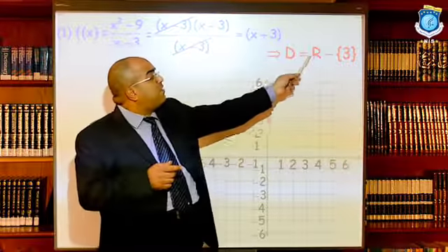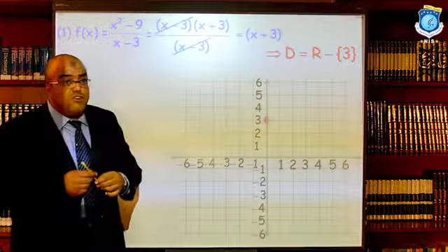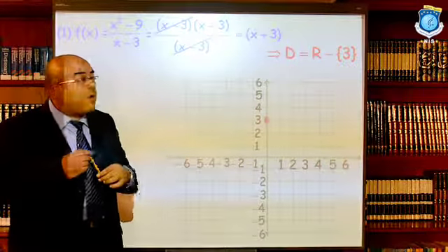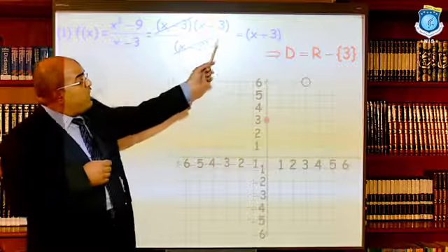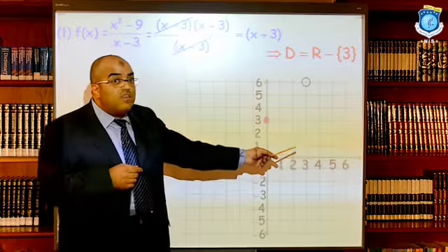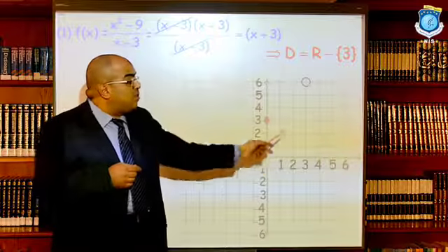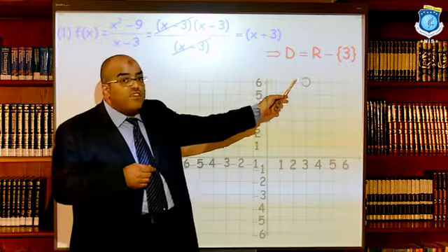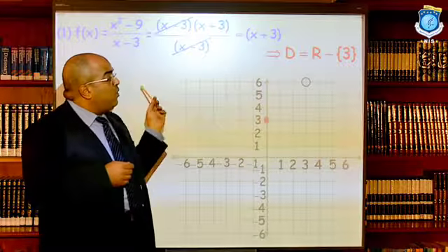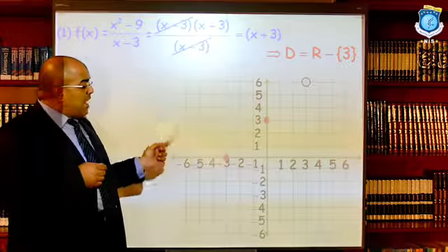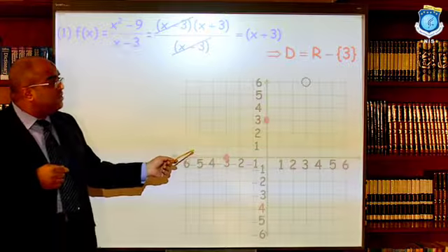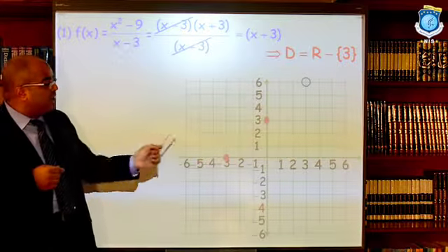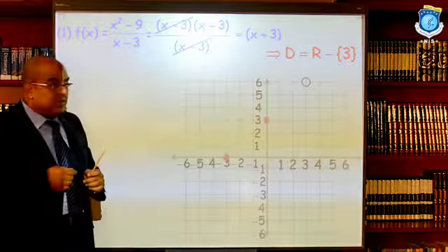If we substitute x by 3, which is not accepted, the image will be 6, which we have to remove from our range. So 3 does not belong to our domain, and the range will remove 6. Now the last point: replace x with negative 3, we will get (negative 3, 0).